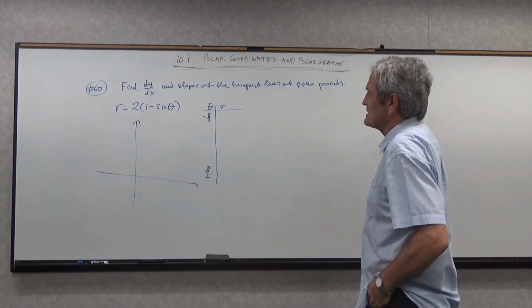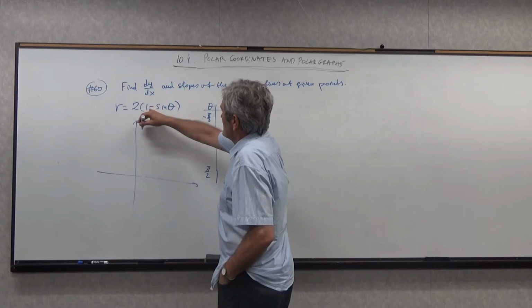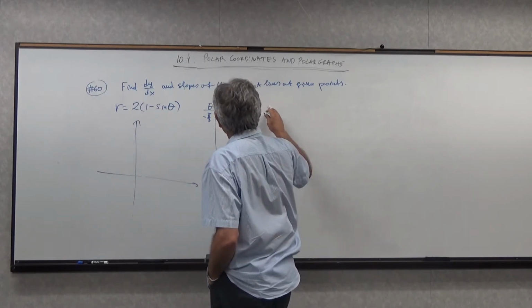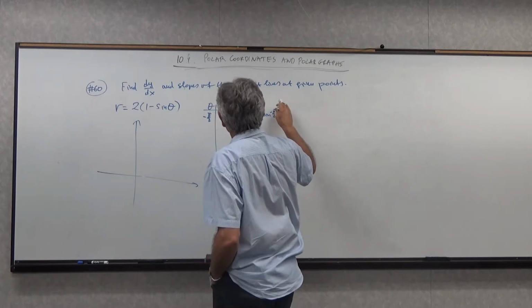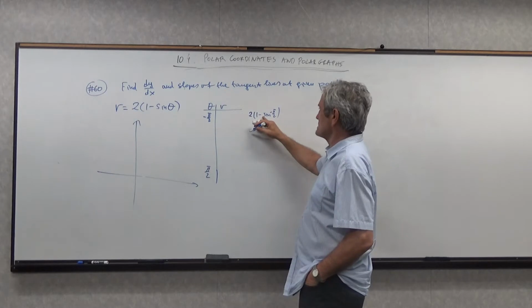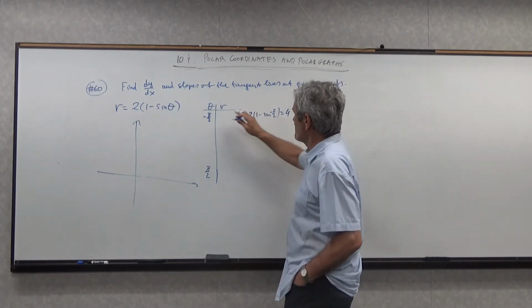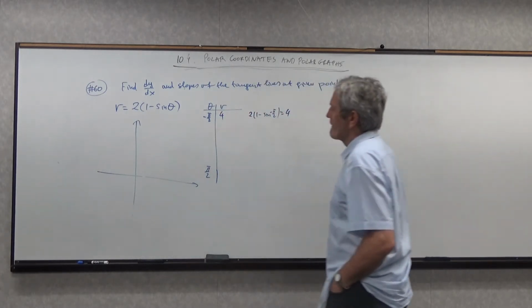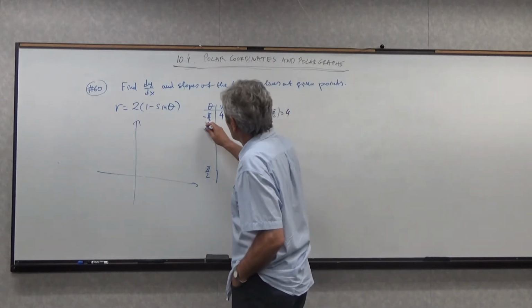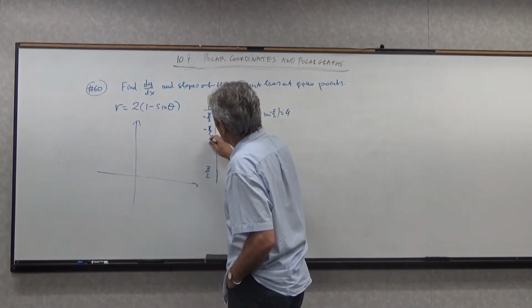So what happens at negative pi over 2? I get 2 times (1 minus sine of negative pi over 2). Sine of negative pi over 2 is negative 1. 1 minus negative 1 is 1 plus 1, so I get 4. And then let me go to negative pi over 4. I'll go a little faster.